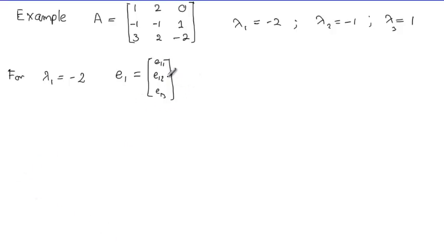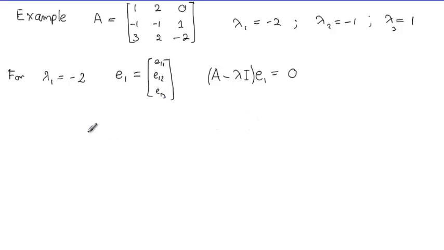Having this form of a vector, let's take back that expression which says A minus lambda I multiplied by the vector, in this case E1, will give us 0. Now you should remember this will take us to a system of linear equations, 3 unknowns, E11, E12, E13.